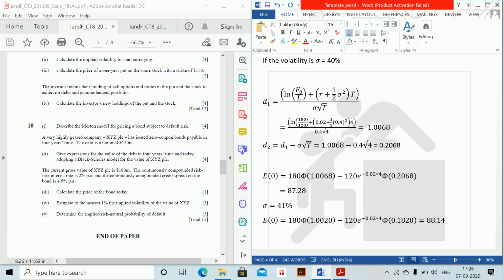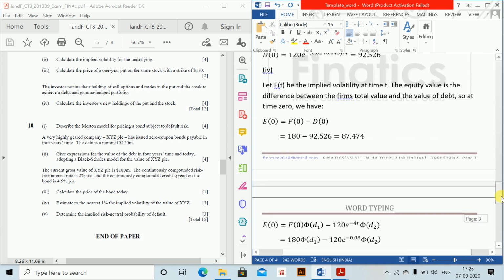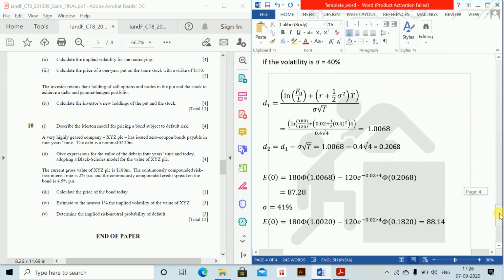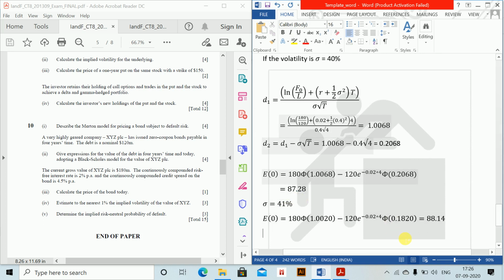Now if you see, this is further away than the previous, so the implied value is 40%. You have to match it against the value we calculated, 87.474. The first calculation is almost close and the other one is not, so obviously 40% is our implied volatility.